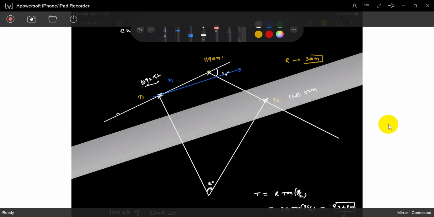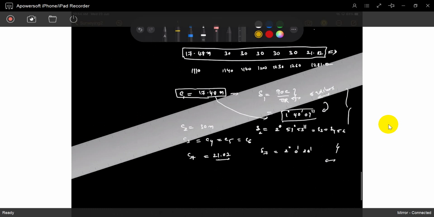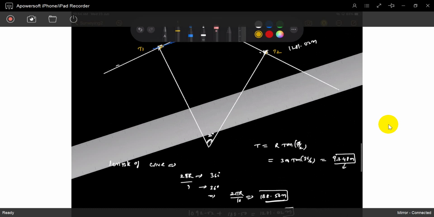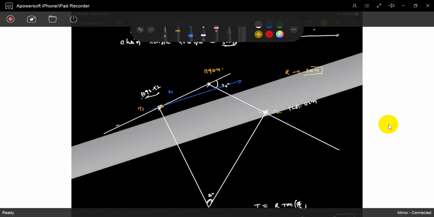What we have to do is identify the point on the curve. How can we find out? Placing the chain here at 0, what is the chord length? 17.48. So just make it from 0 to 17.48 and identify the point.